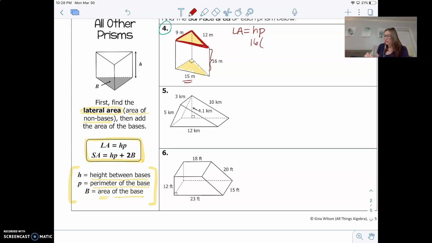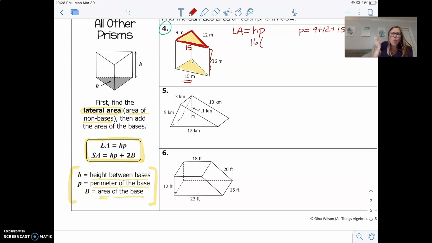Now you see how I have a 15 here. Well, that's the same up here because those bases are congruent, right? And so to get that perimeter, let me do that off to the side here. You do 9 plus 12 plus 15. Quick question. If you had not known that last length 15 right here, guess what you can do to find it?